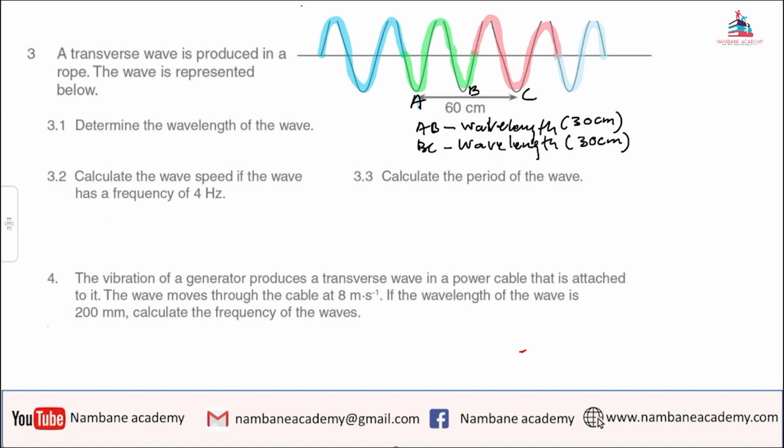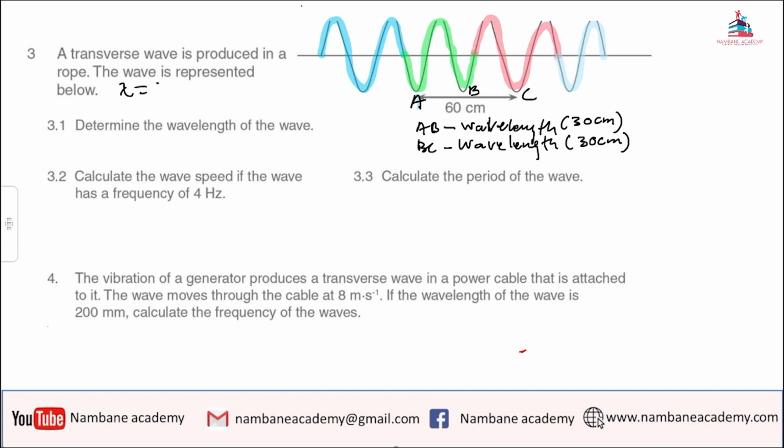Because honestly, the definition of a wavelength is 2 successive points that are in phase with each other. So here we are given ABC, which is now 3 points. So for us to be talking of wavelength, it should only be 2. So our wavelength is actually equals to 30 centimeters.